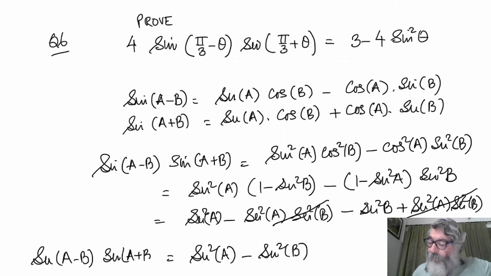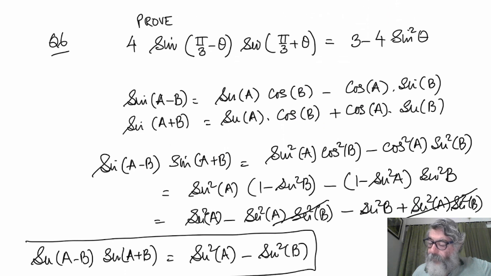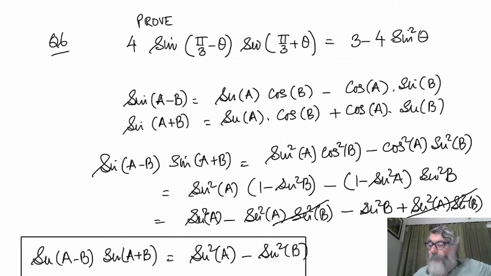This is the formula which I am going to use here, because it is sine (pi by 3 minus theta) into sine (pi by 3 plus theta). So it will actually become sine square A minus sine square B.